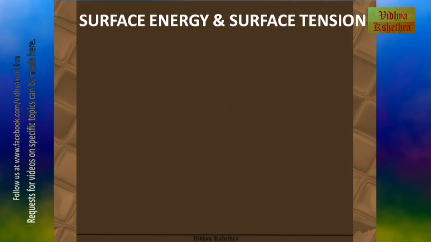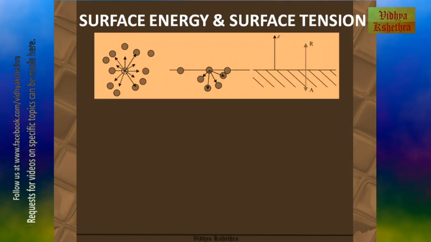Now, surface energy and surface tension. This is a figure showing the liquid molecules. In the first figure is a molecule which is surrounded by other molecules on all sides. It experiences the same cohesive force from the surrounding molecules.